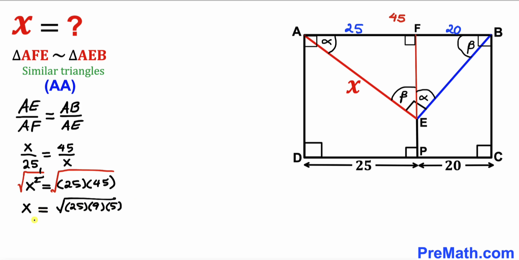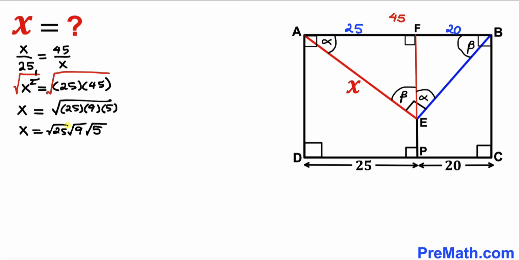So I can break this down as square root of 25 times square root of 9 times square root of 5. The square root of 25 is 5, the square root of 9 is 3. So our x value is 5 times 3 times square root of 5, or simply x turns out to be 15 times square root of 5 units.